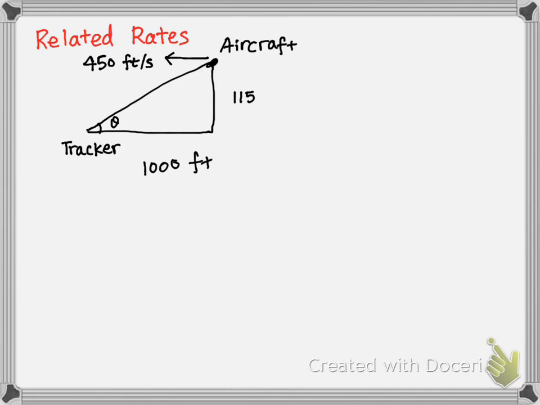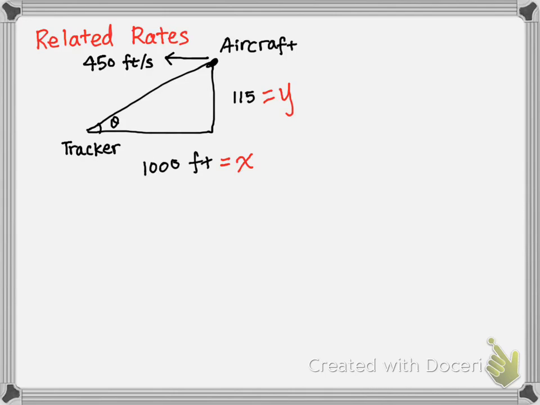So how do we solve this problem? We need to understand what's given to us. When we're talking about the vertical distance, we can call it y, and when we're talking about the horizontal distance, we can call it x.